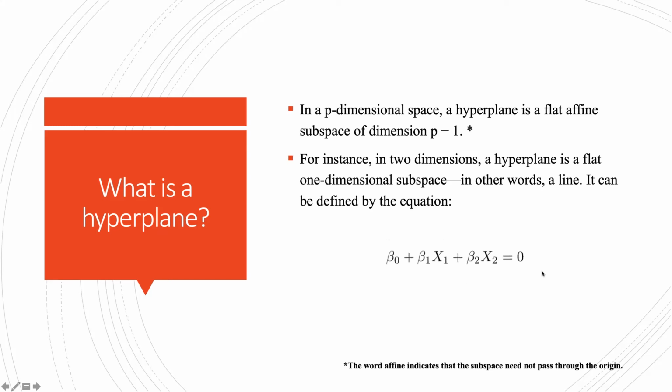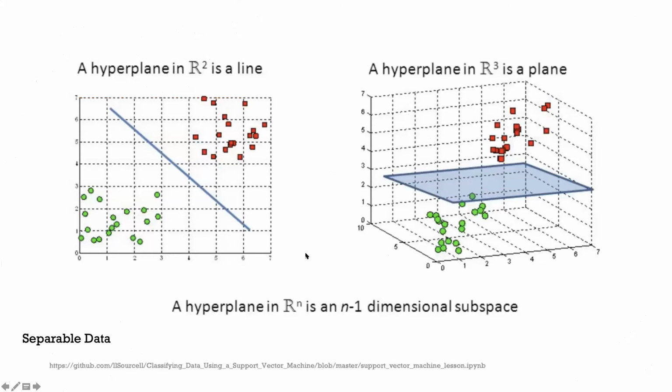This is really similar to a regression line, but here it is equal to 0. When we think about linear regression, it equals your response variable, or label, or target variable. And here are some examples. These are separable data again. If you have a hyperplane in R^n, you will have an n-1 dimensional subspace.